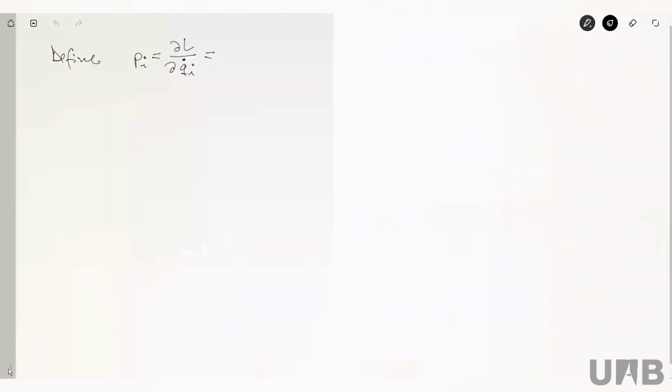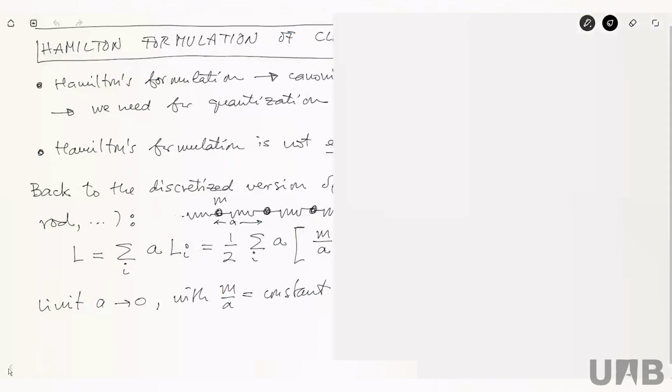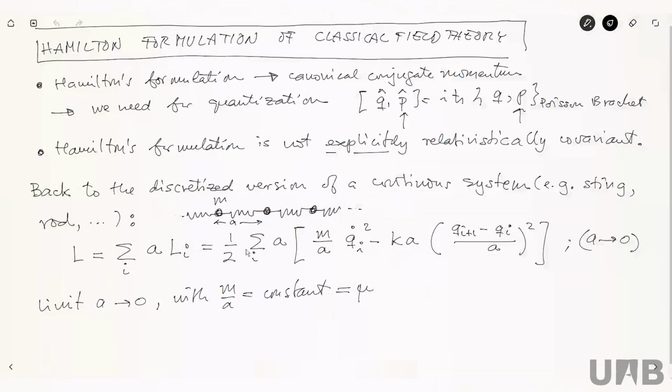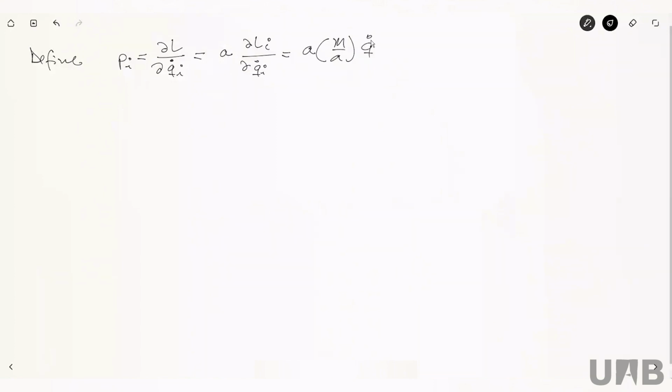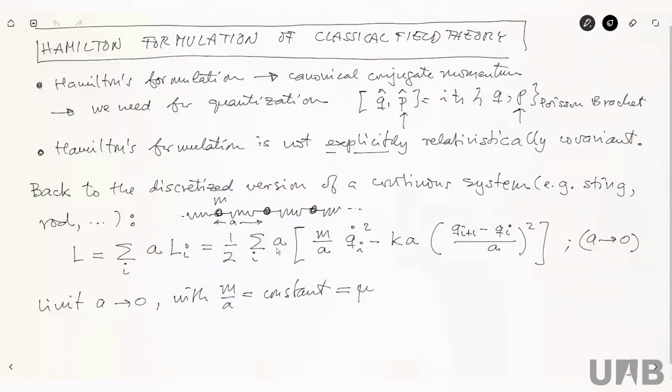But when we do this derivative on this Lagrangian, of course, we have the distance between the two masses, and the derivative of one of these summands with respect to q dot i is a times m over a times q dot i. That's what I get.